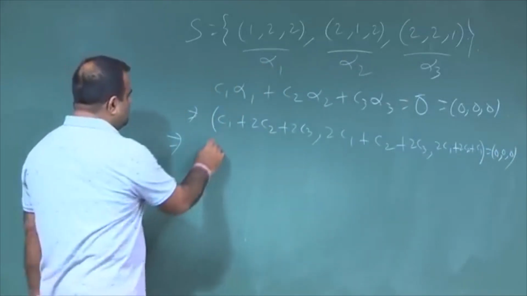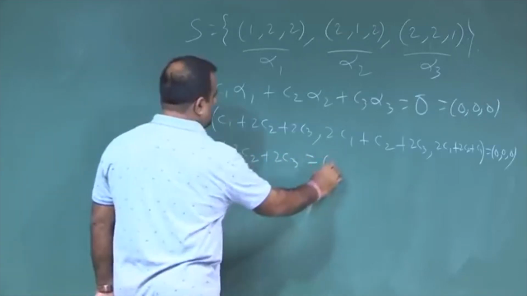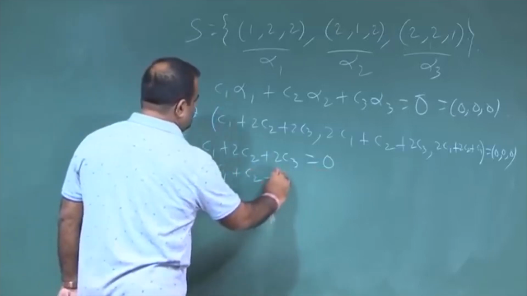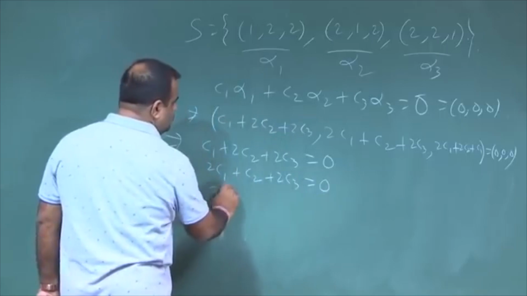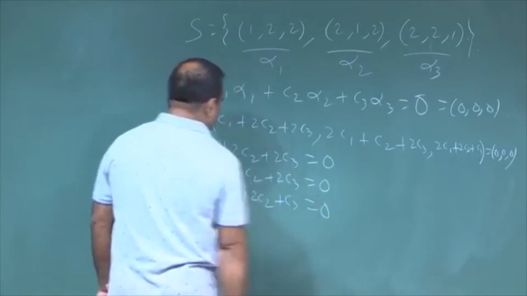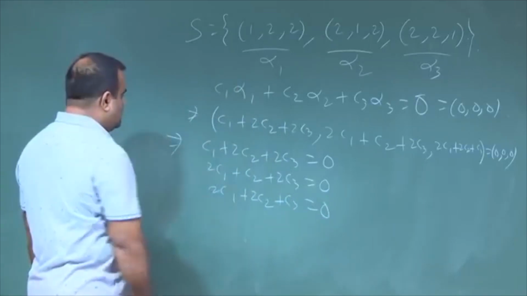So, this will give us 3 equations: C1 plus 2 C2 plus 2 C3 equal to 0, then 2 C1 plus C2 plus 2 C3 equal to 0, then 2 C1 plus 2 C2 plus C3 equal to 0. Now, if we write this in matrix form, this is a linear equation.